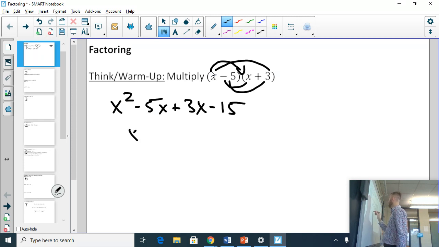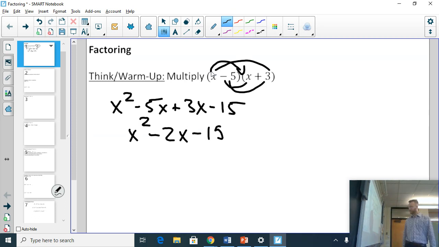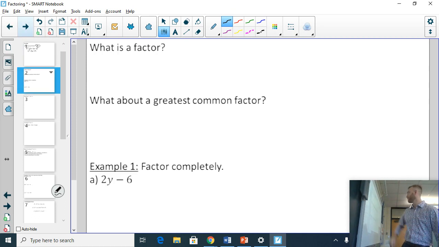And then we can put those together. Minus 5x plus 3x: if you have minus 5 of something and plus 3 of something, that'll leave you with minus 2 of that something, and minus 15. So, just getting us warmed up for factoring.